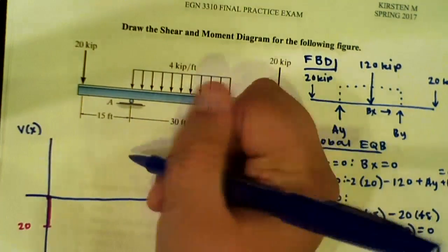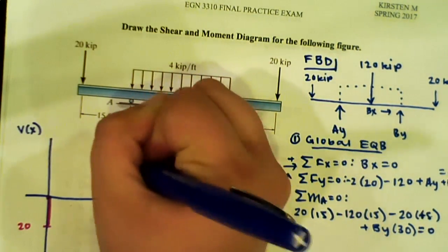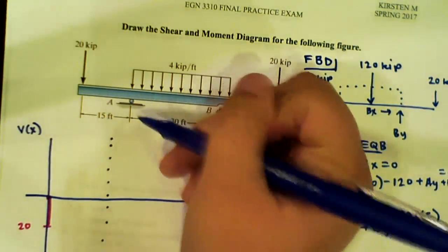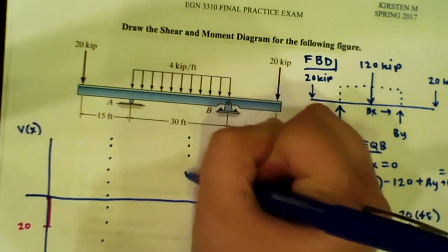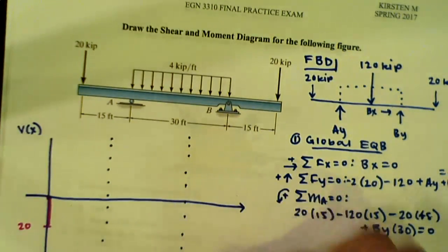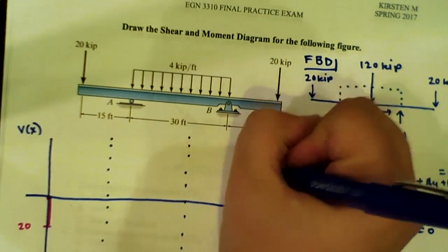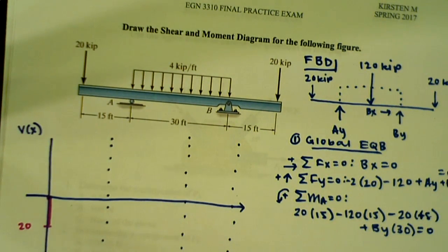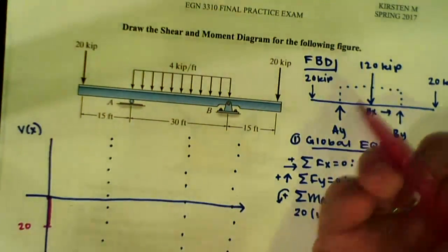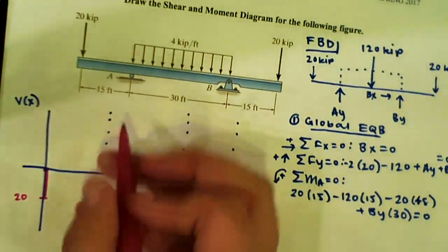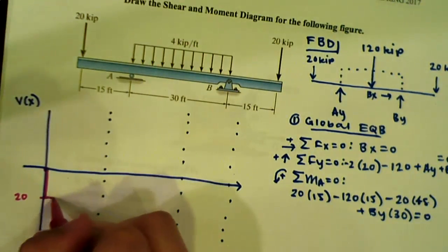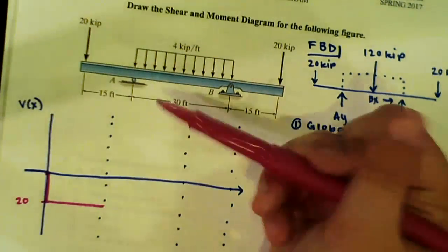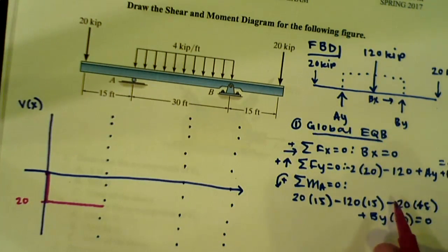But before we do that, we need to mark where we have point discontinuities, which is going to be at our A and at our B. And then I always put one at the end. Okay. So we know the 20 kip makes our shear go downwards, and then it stays constant until we get to our distributed load. At A, we have a force acting upwards.